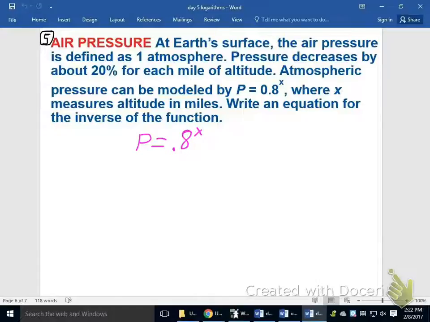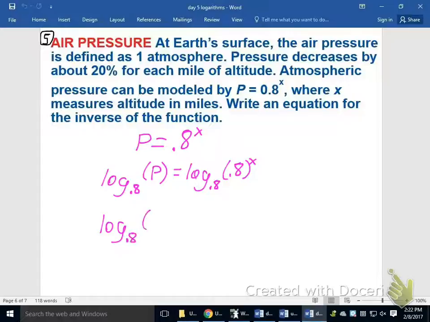All I'd have to do is take a logarithm with a base of 0.8 on both sides. Because 0.8 was my base in my exponential. So the logarithm with a base of 0.8 of p would equal x now on the right. This is my inverse function. Again, I don't go switching the variables on an application problem, because then that changes the meaning of the variables.